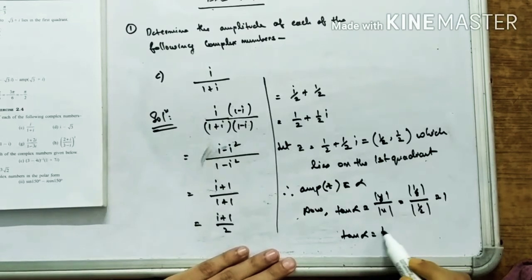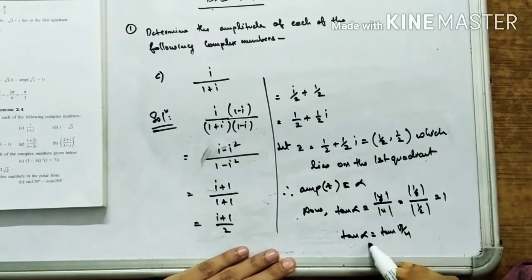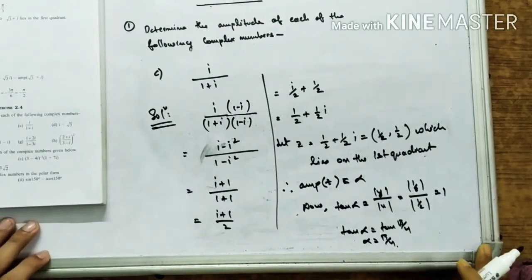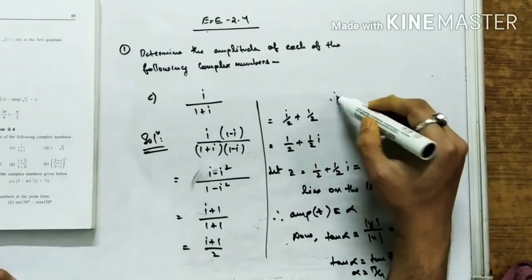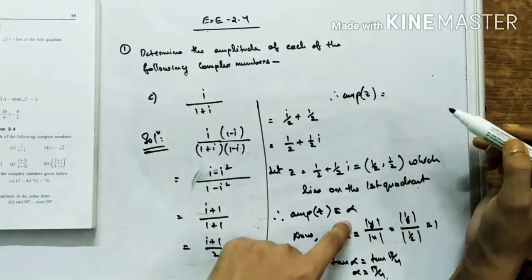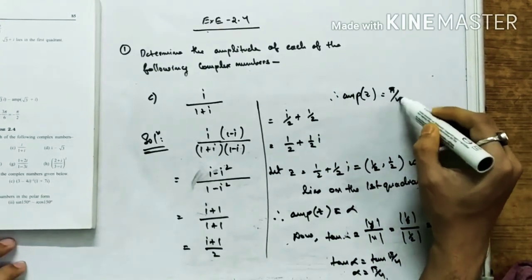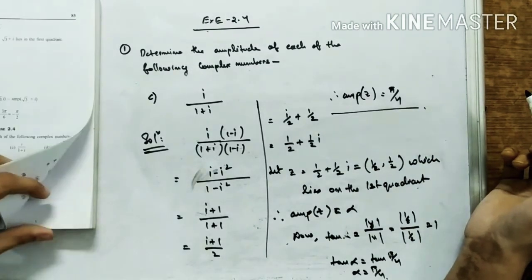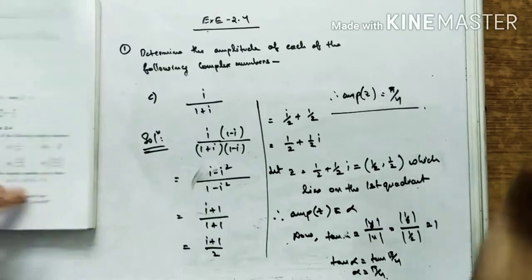So tan alpha is equal to 1, so alpha is equal to pi by 4. So therefore the amplitude of z, this is pi by 4. Amplitude of z answer, it is pi by 4.